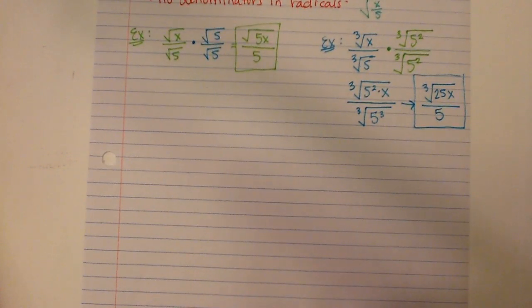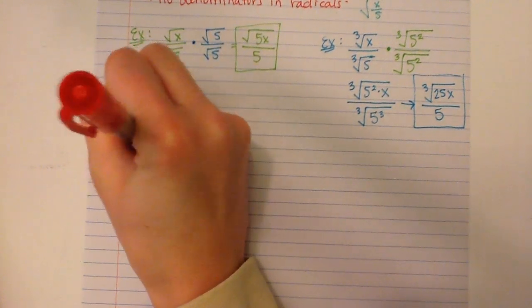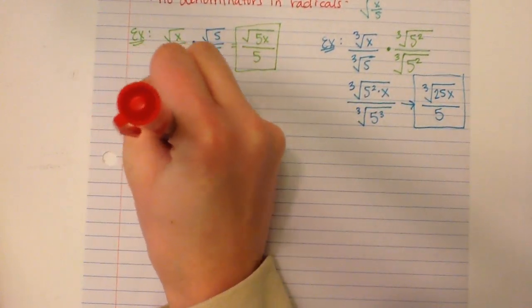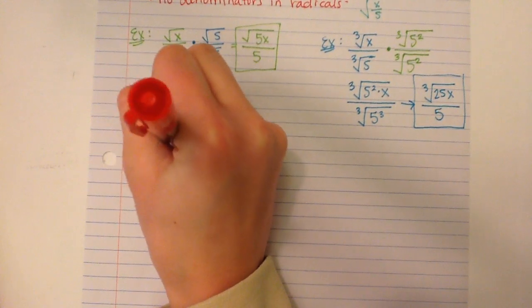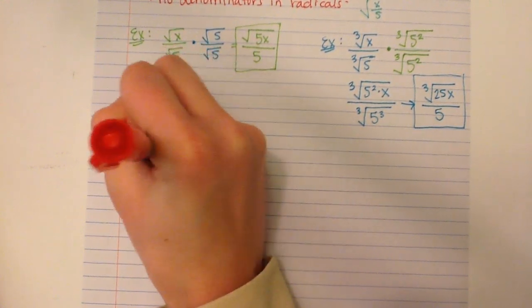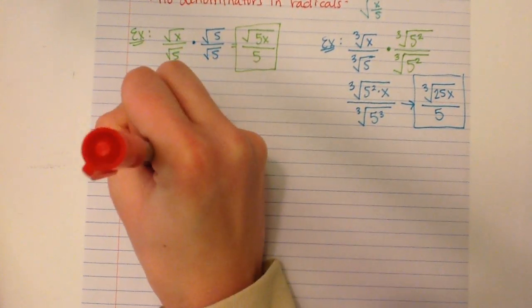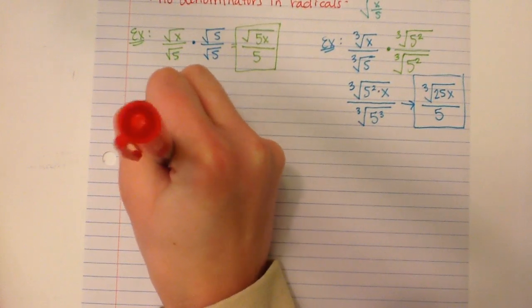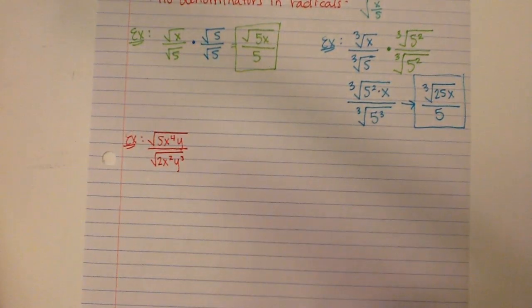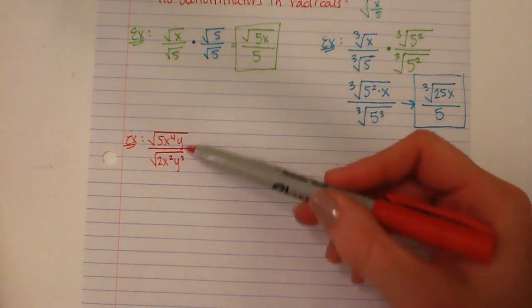Our next one, we have the square root of 5x to the 4th y over the square root of 2x squared y to the 3rd. So we have a radical divided by a radical.